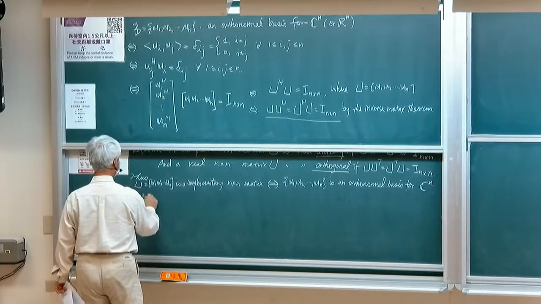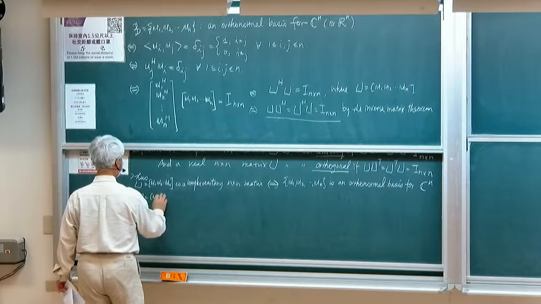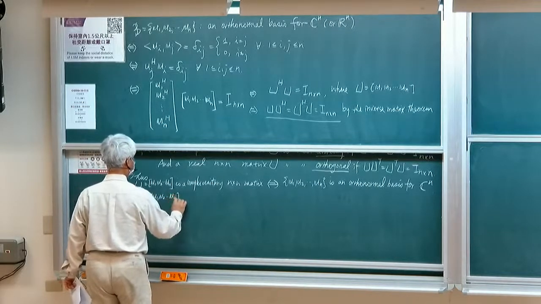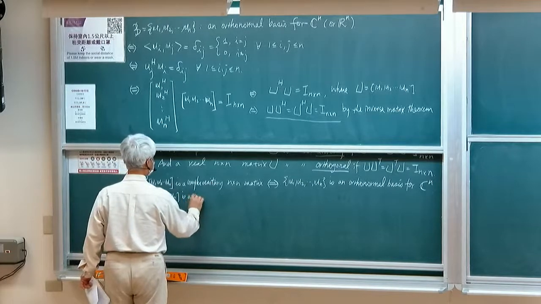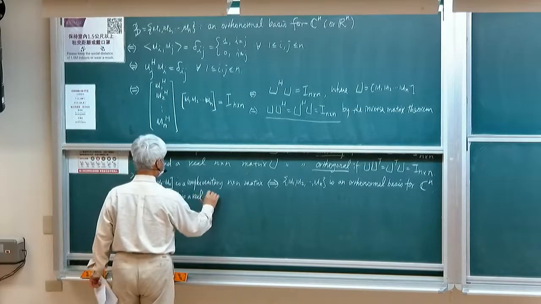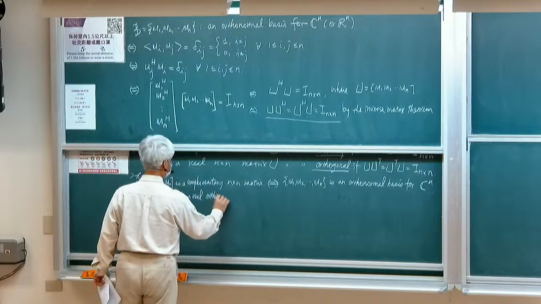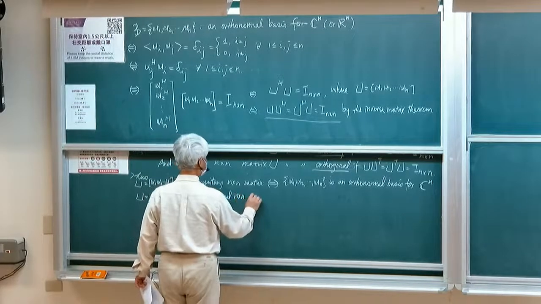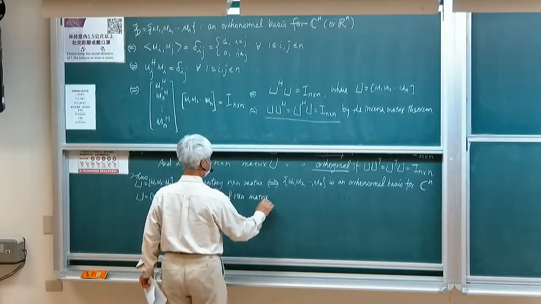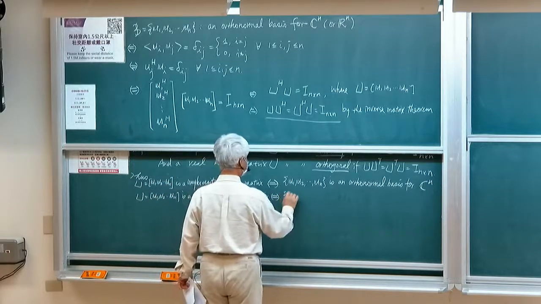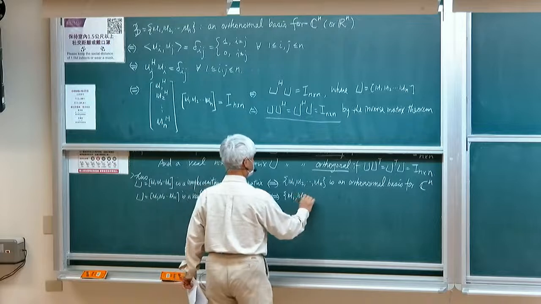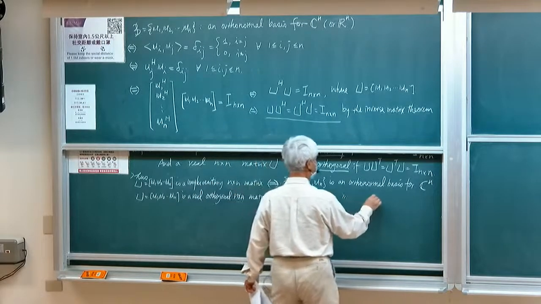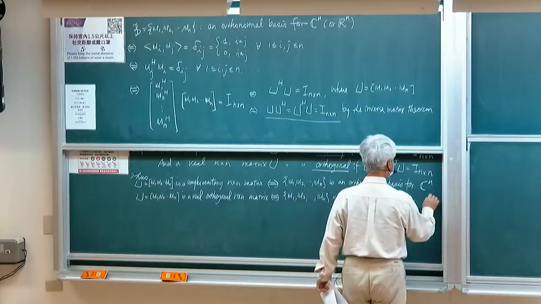And similarly, U1, U2, up to Un is a real orthogonal n times n matrix if and only if U1, U2, up to Un is an orthonormal basis for Rn.